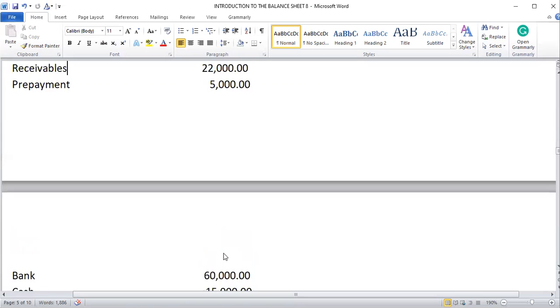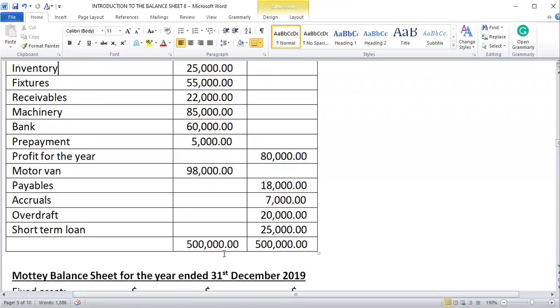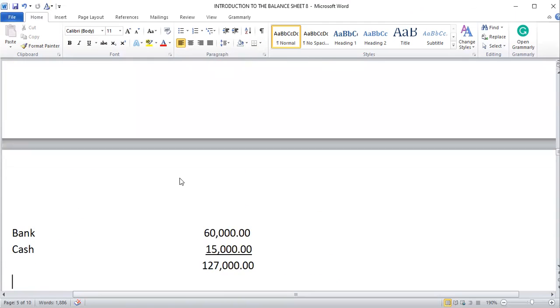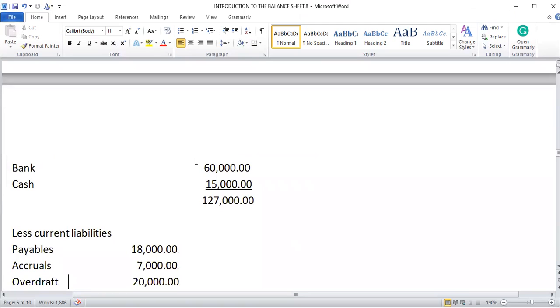So we sum up all the current assets. The current asset is $127,000. Then we go to the current liabilities, payables, $18,000. Accruals, $7,000.